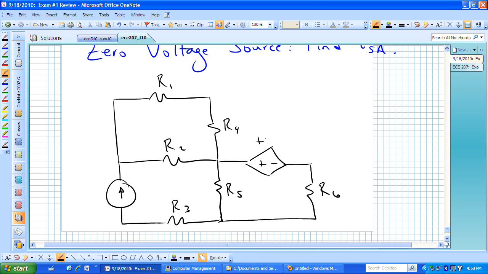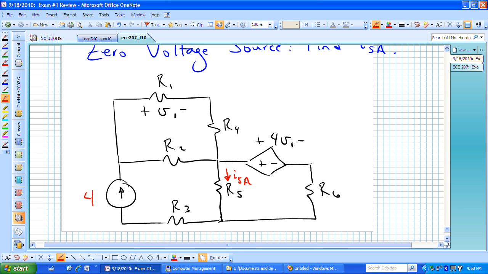This dependent voltage source is given as 4V1, where V1 is actually the voltage dropped from left to right across R sub 1. What we're wanting to find is I sub 5, but in this case the only piece of I sub 5 that actually is there is due to this 4 amp source.